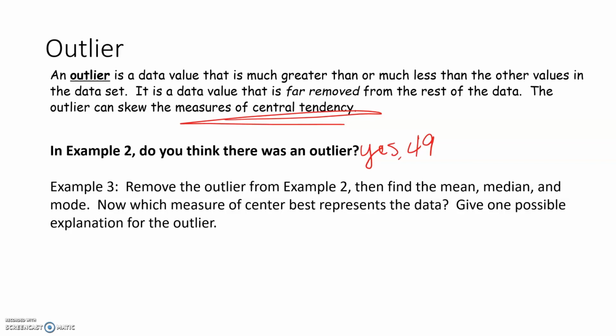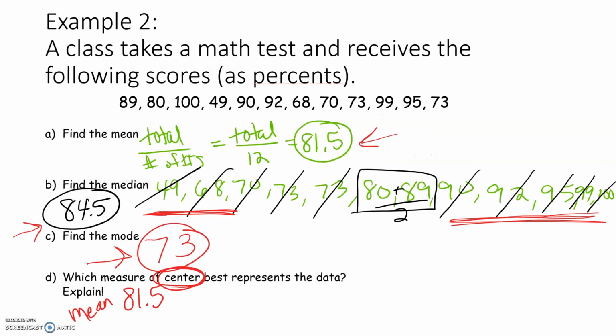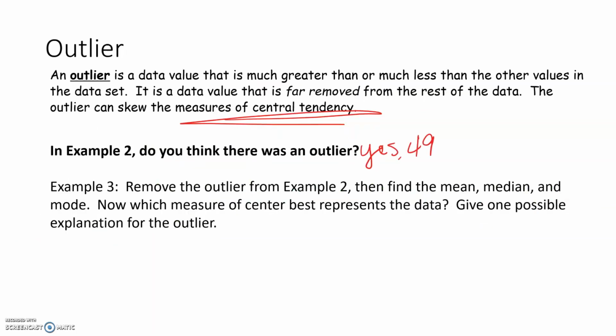So what we're going to do is remove that outlier from example number 2 and find those central tendencies again. So we're going to remove 49 from this set of data. Okay, and we are going to find those numbers again. So what I'm going to do is add all of those numbers together. Okay, so I'm going to add 89 plus 80 plus 100 plus 90.